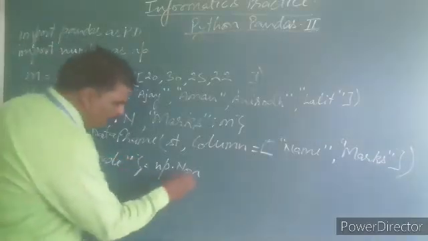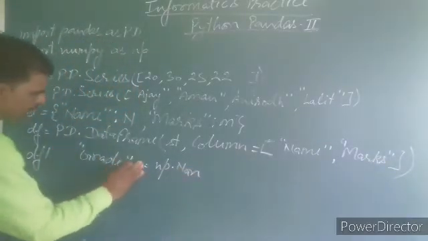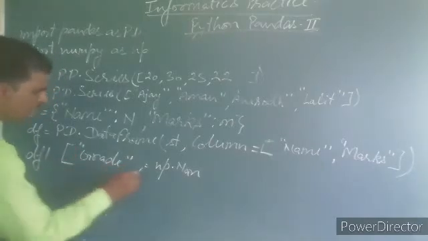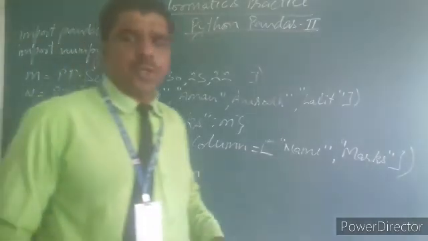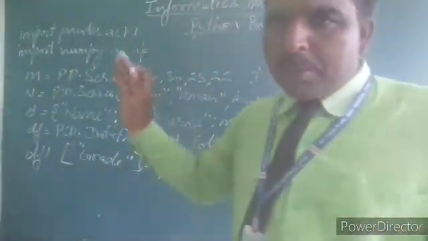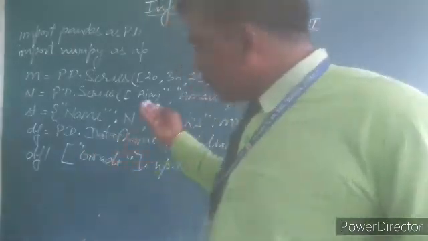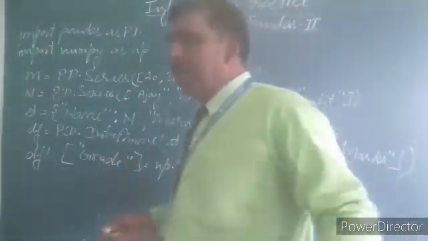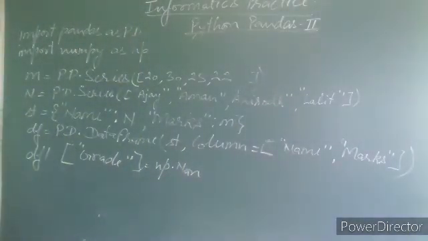Actually here nan, and you can use the list also. If you want to use it within the dictionary you can apply, but within the list if you want to apply you can apply it. So this type of program can be implemented on your system.